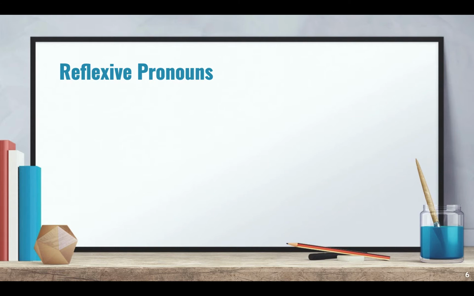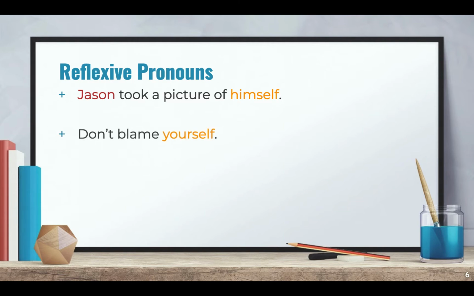Reflexive pronouns are a kind of pronoun that are used when the subject and the object of the sentence are the same. Take a look at this example. Jason took a picture of himself. In this sentence, Jason is the antecedent of himself. This is true even if the subject is only implied, as in the sentence, "Don't blame yourself."